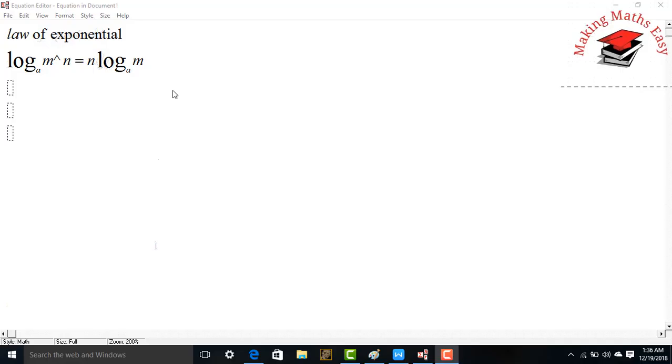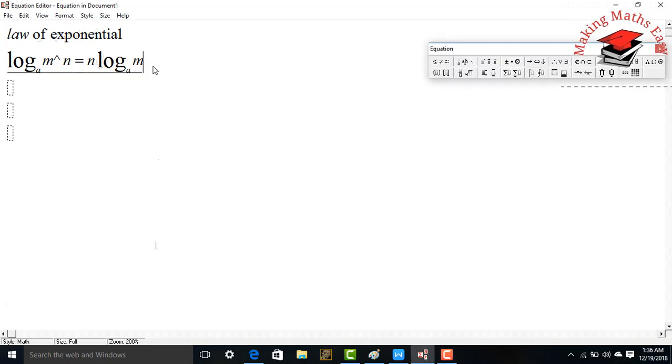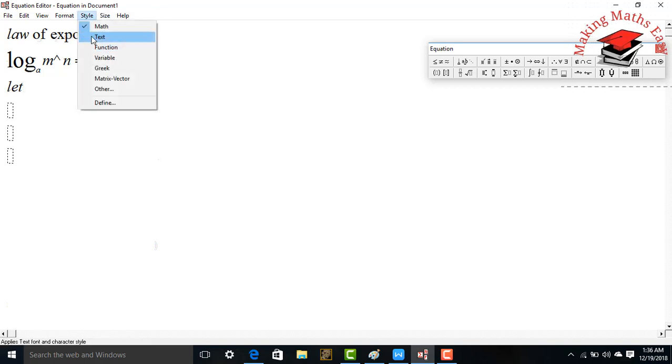Now the next law is the law of exponential. In this case, log of m raised to n base a is equal to n log of m base a. So we have to prove this. For this, let us assume that log of m base a is equal to x.